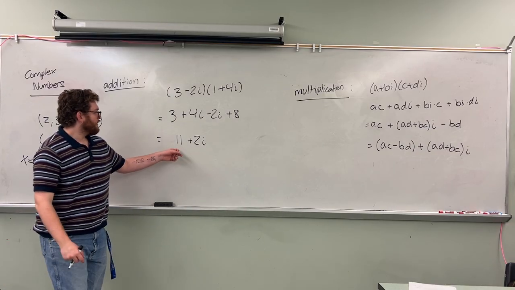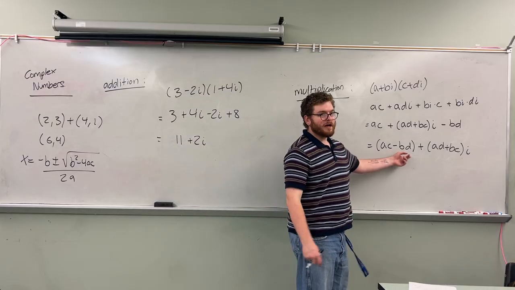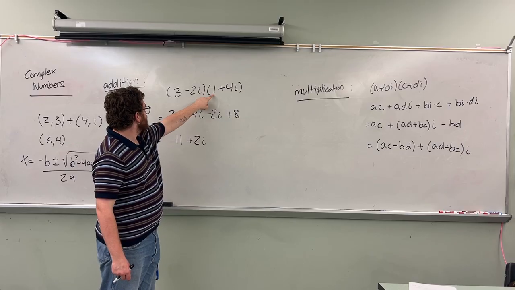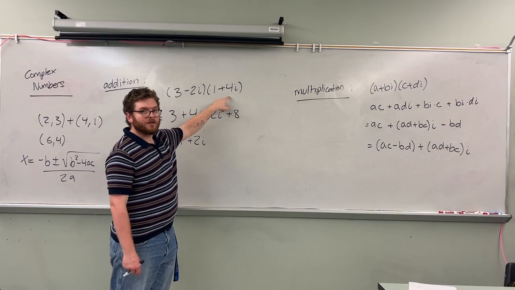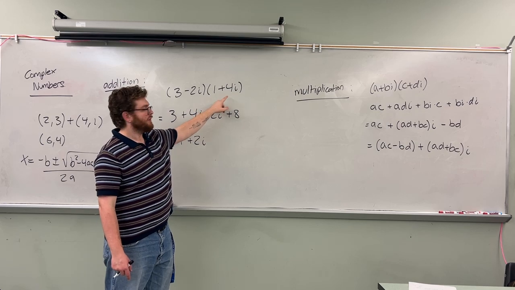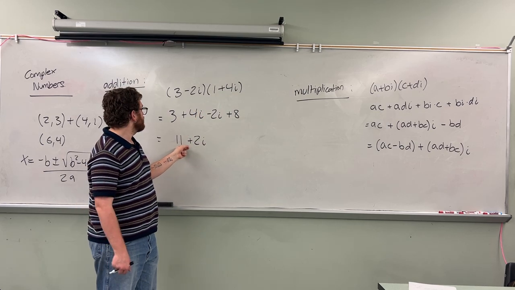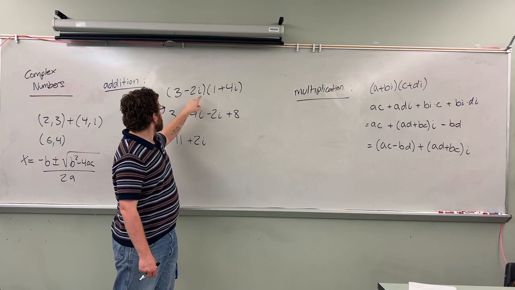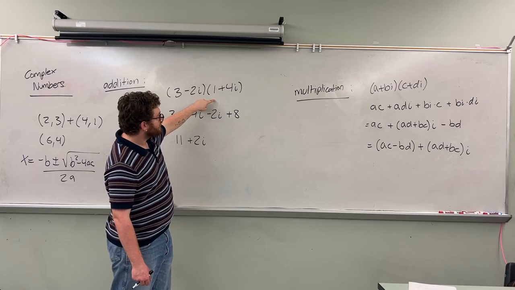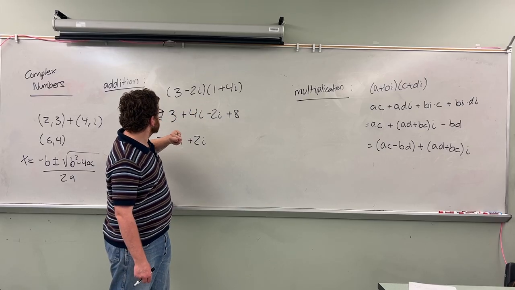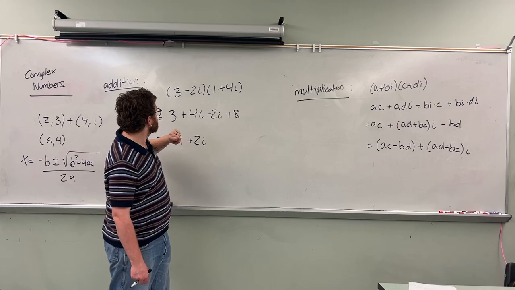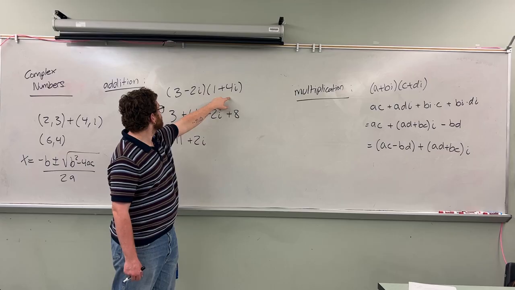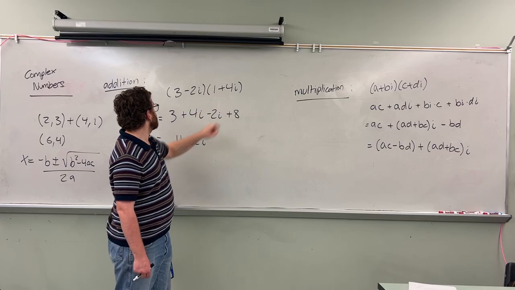And then if I break it down, this 11 should be AC minus BD. 3 times 1 is 3, minus negative 2 times 4. So minus negative 8 is plus 8. 3 plus 8 is 11. That works out. And the next one, AD plus BC. 3 times 4 is 12, minus, oh, did I mess something up? Oh, that's 12i.